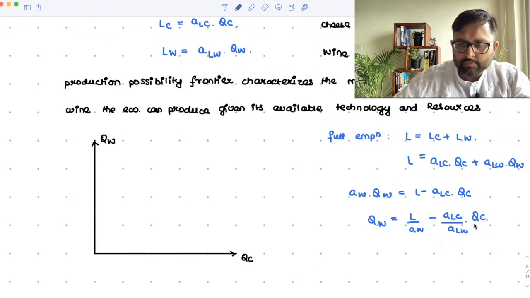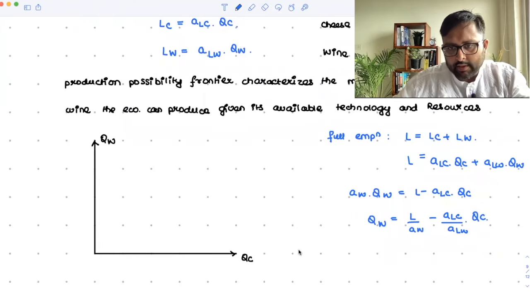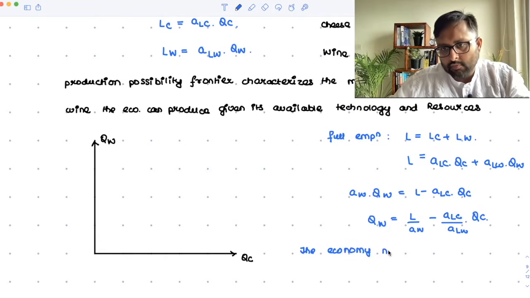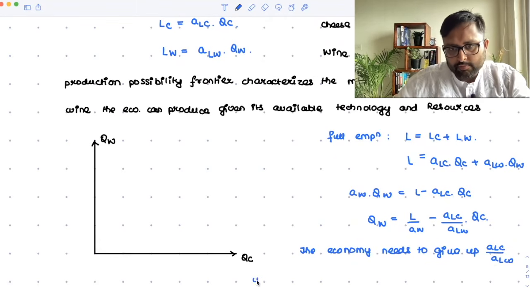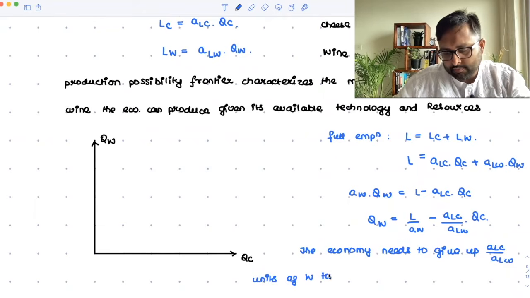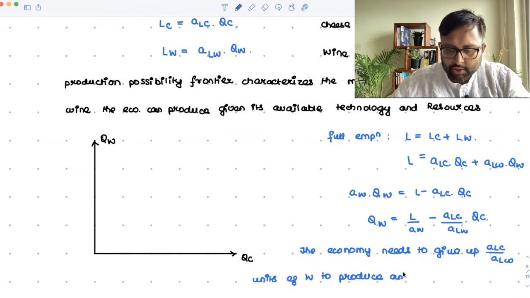So you need to give up these many units of wine in order to get 1 more unit of cheese. So you can say that the economy needs to give up ALC upon ALW units of wine to produce an additional unit of cheese.